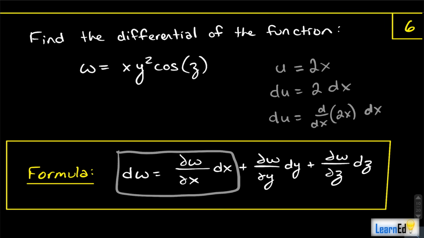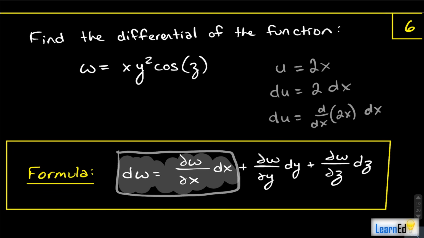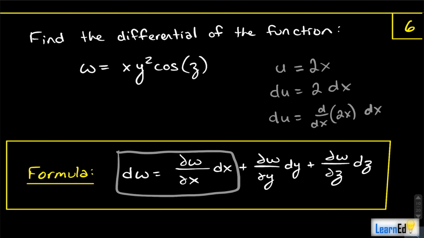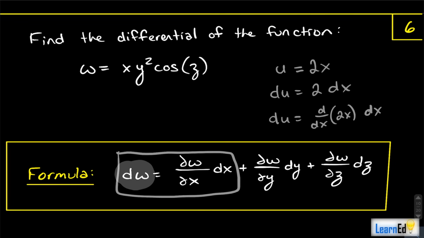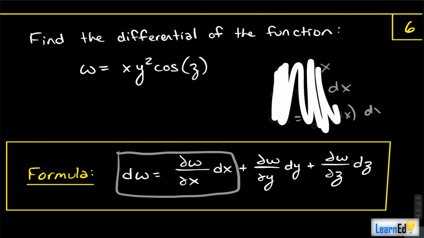That's what this thing is saying. Instead of every time you see a w, just say a u: du equals partial u over partial x, and we do partials now because we have multiple variables, and then you have the dx on the end. So that's where all that is coming from, and that should make sense. But now we're adding on those extra variables. So what happens to the differential when you do certain things like this? That's the whole idea of what you guys covered with differentials.